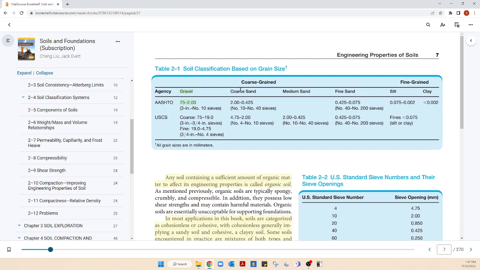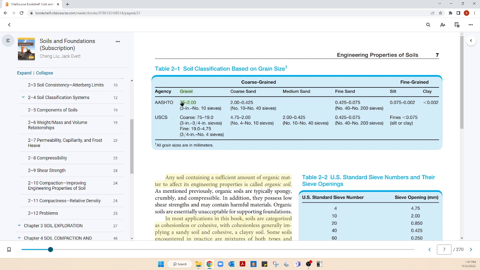And let me go over here to coarse sand, and then I'm assuming fine sand. Coarse sand for AASHTO passes the 2 millimeter, which is the number 10, and is retained on the number 40 sieve, which is the 0.425 sieve. That is coarse sand.